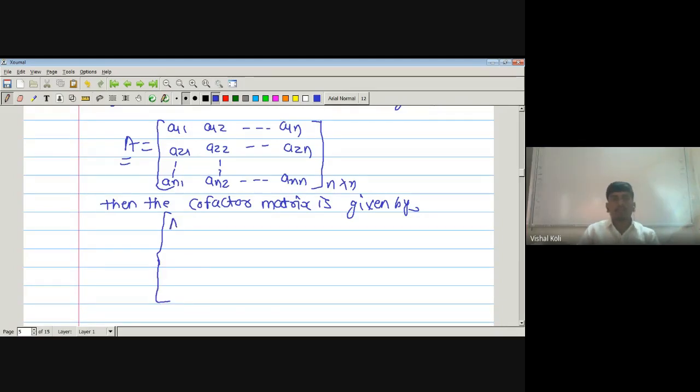this one. First replace the first element by its cofactor, similarly for the second, and so on: A11, A12 up to A1n, A21, A22 up to A2n, and up to capital An1, An2, and so on up to Ann.